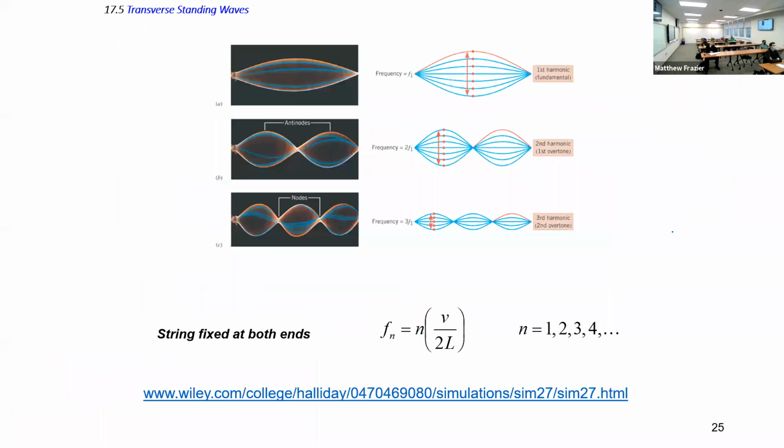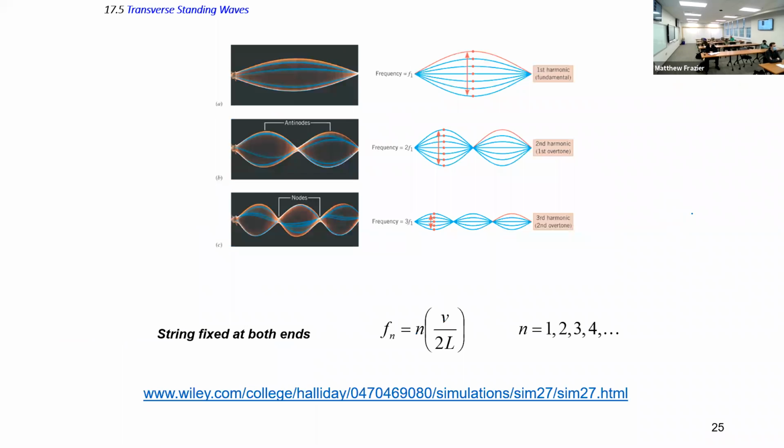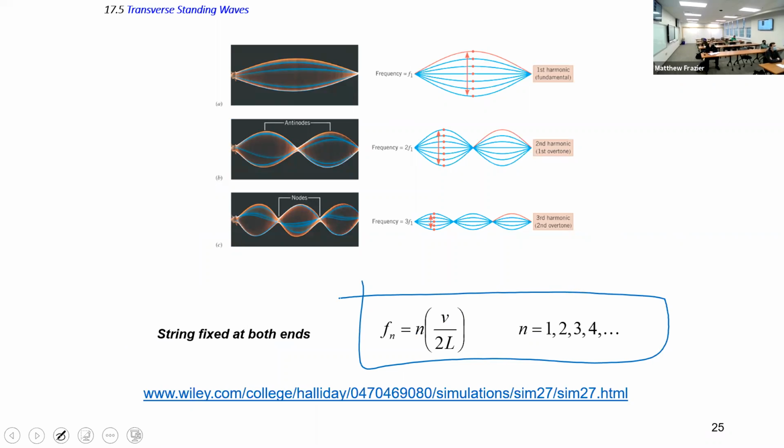And the wavelength is just a function of, as we identified, it's just the length and which harmonic we're in. So this is the one I want you to remember how to work with. This and lambda is 2L over N.